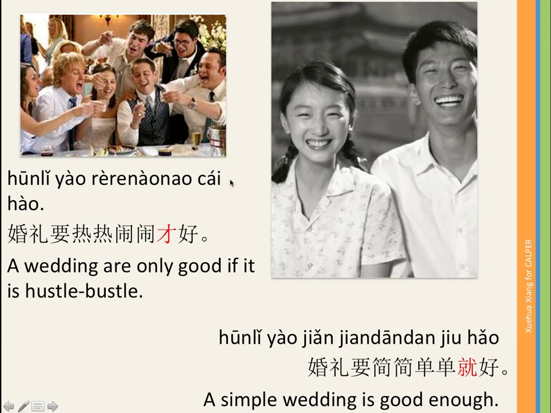So you can see how the structure may be the same, but switching the adverb, your attitude becomes different. 才 makes the situation the only one that would satisfy the idea of being a good wedding. Versus 就, that's the only thing we consider. It just needs to be simple. We haven't considered anything else. So you see the difference here.